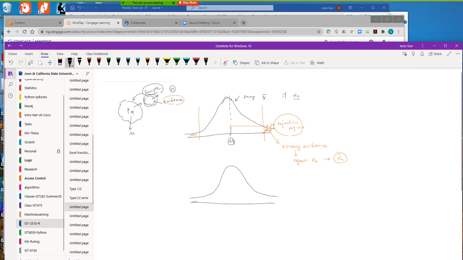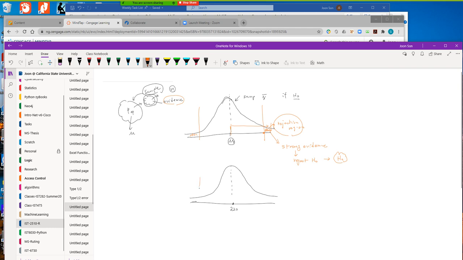So they get the sample, and you know that if the null hypothesis is true, the sampling distribution of the sample means is centered at 220. And what they want to prove is, so this is the alpha.